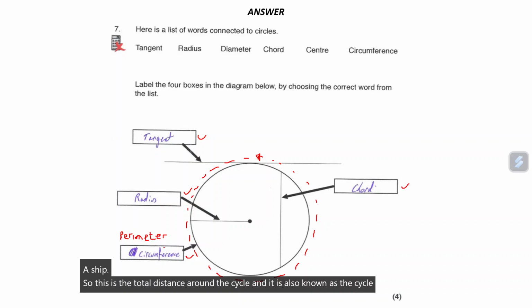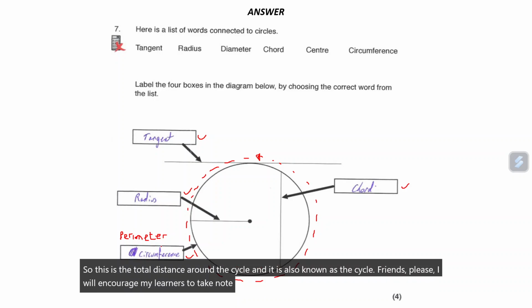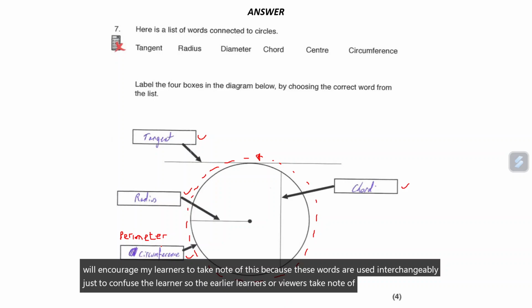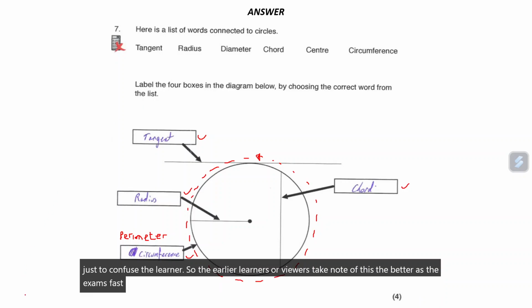Please, I encourage my learners to take note of this because these words are used interchangeably just to confuse the learner. So the earlier our learners or viewers take note of this, the better, as the exam is fast approaching.